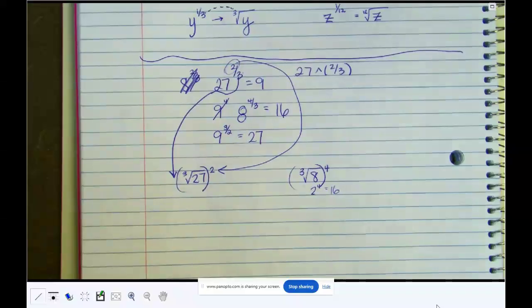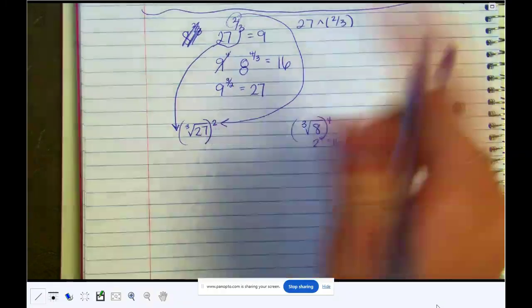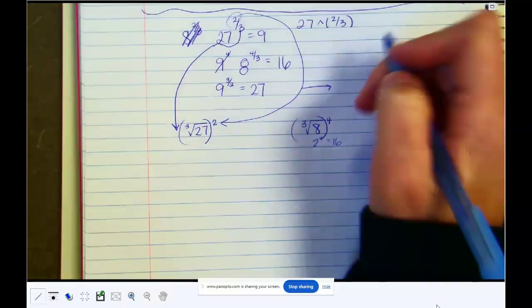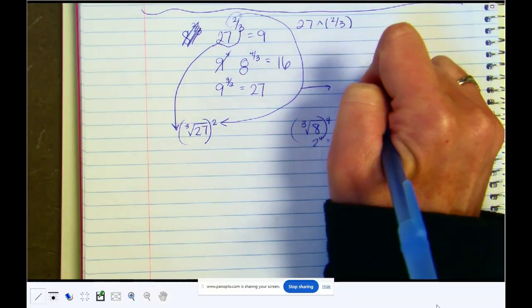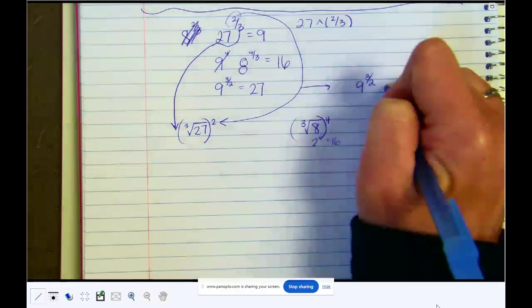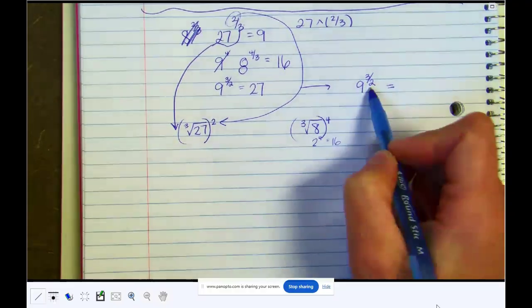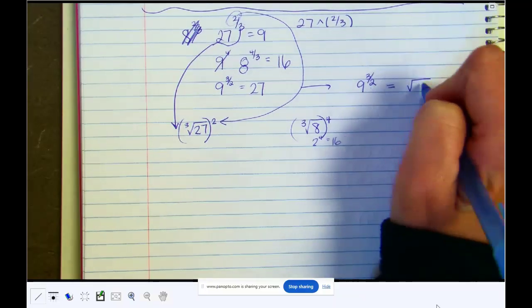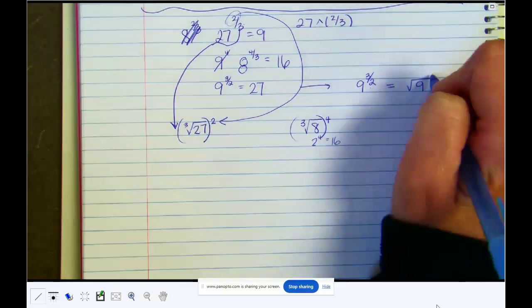Now, do you need to understand that all the way? No, but you do need to be able to rewrite them. I'll show you this one also. 9 to the 3/2 would be, the bottom is the root, so square root of 9 to the 3rd.